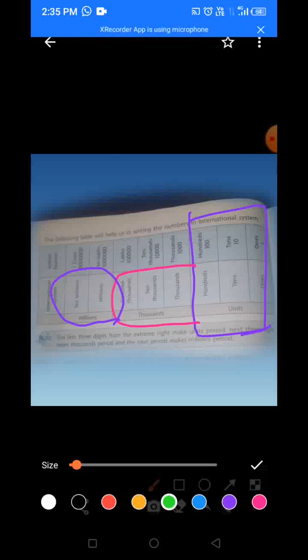We have the 1000 period, the lakh period and the crore period. So this is the difference between international and Indian. They have only 3 periods: unit, 1000 and millions. Whereas in the Indian system we have 4 periods. That is the unit period, the 1000 period, the lakh period and the crore period.